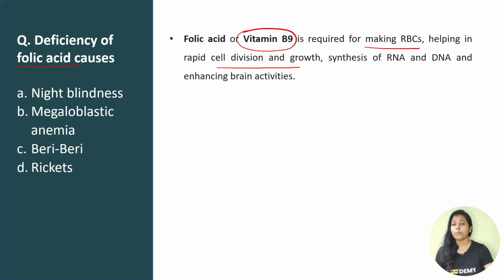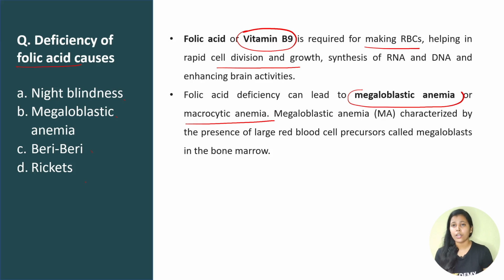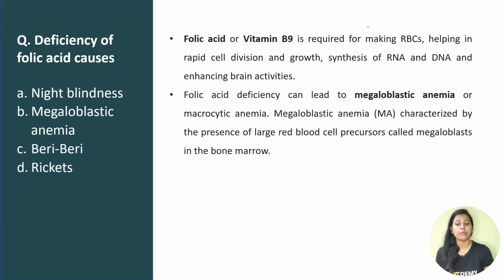So if you see, they are involved in multiple roles, so their deficiency is also going to be multiple. One important deficiency of folic acid is that it can cause megaloblastic anemia or macrocytic anemia. So the name itself is telling you it's some sort of anemia. How does anemia happen? When there are low red blood cells in the body. How will low red blood cells happen? Because we saw that vitamin B9 is actually required for making the RBC.